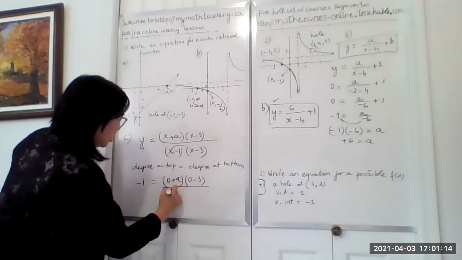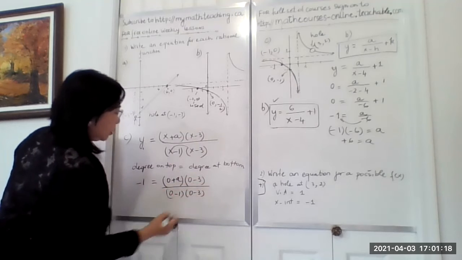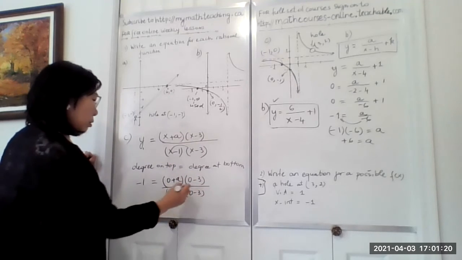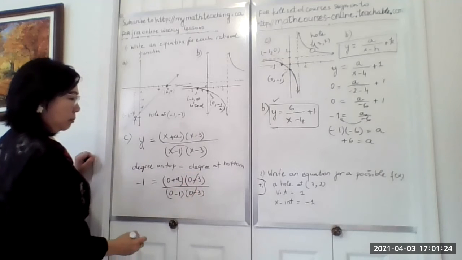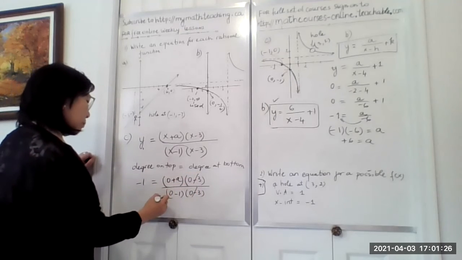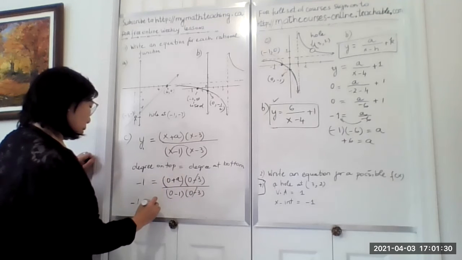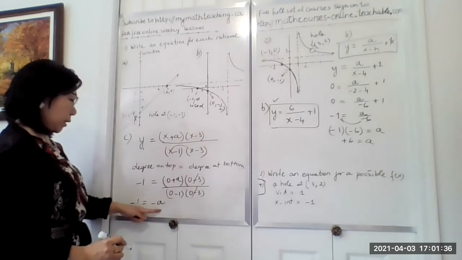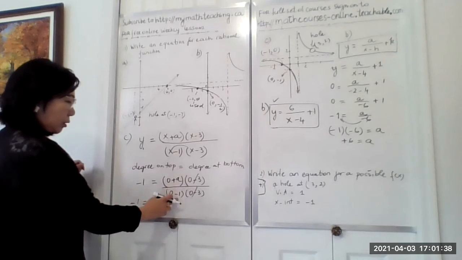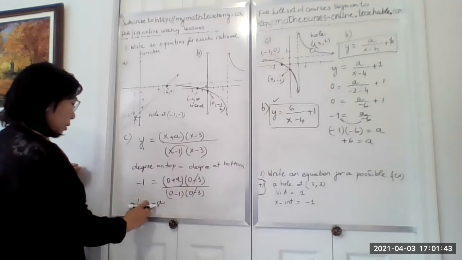Down here, we have 0, minus 1, times 0, minus 3. Now, obviously, we can cancel this because they're in brackets. So we are left with minus 1 equals A over minus 1. So basically, minus 1 equals minus A, right? A divided by minus 1 is the same as minus A.